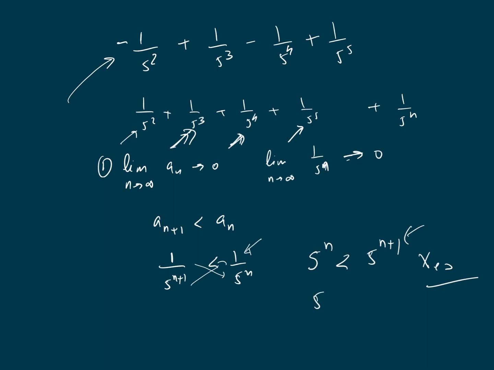Of course, 5 squared is 25, and 25 is smaller than 5 cubed. So as I progress in the series, the term becomes smaller. The two conditions are met, so the alternating series will converge.